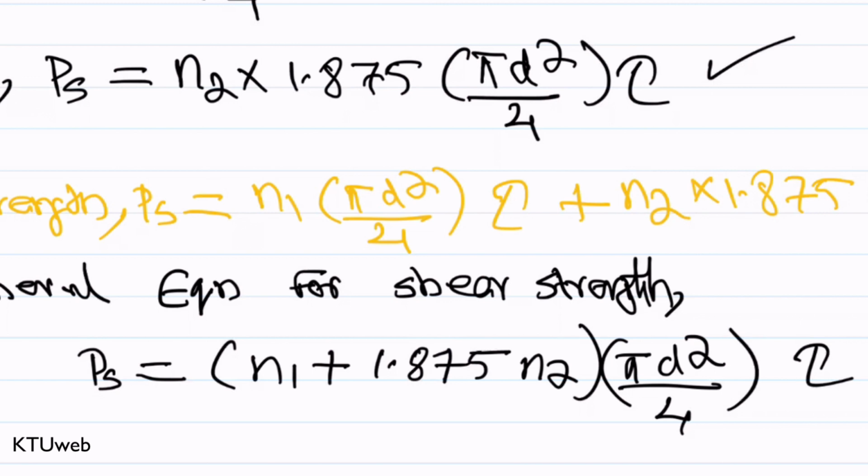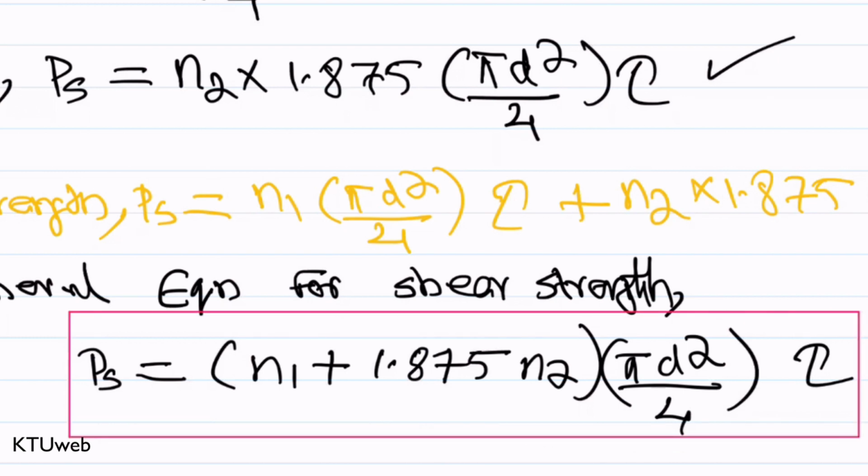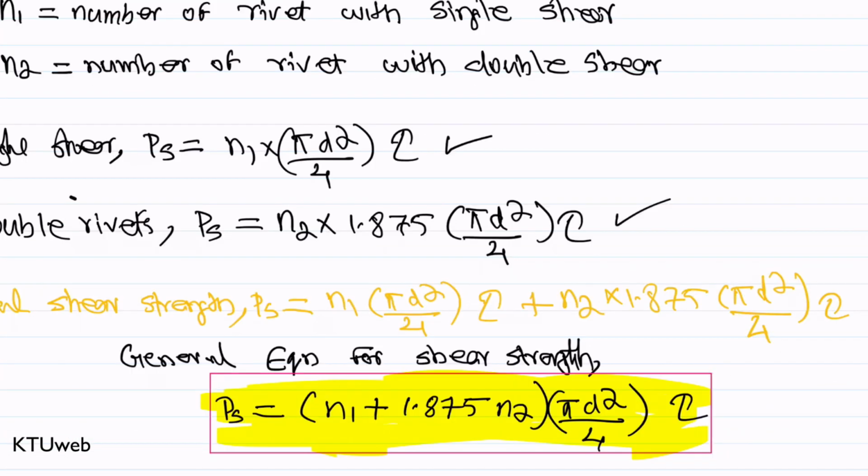And hope you remember, this is the basic general equation for a rivet with single shear as well as double shear. Suppose you have a joint that offers both kinds of rivet, you can use this equation. Suppose there is no double shear, automatically this N2 becomes 0 and you can avoid that term, and vice versa. And this expression gives you the strength of rivet when considering the shearing of a rivet.